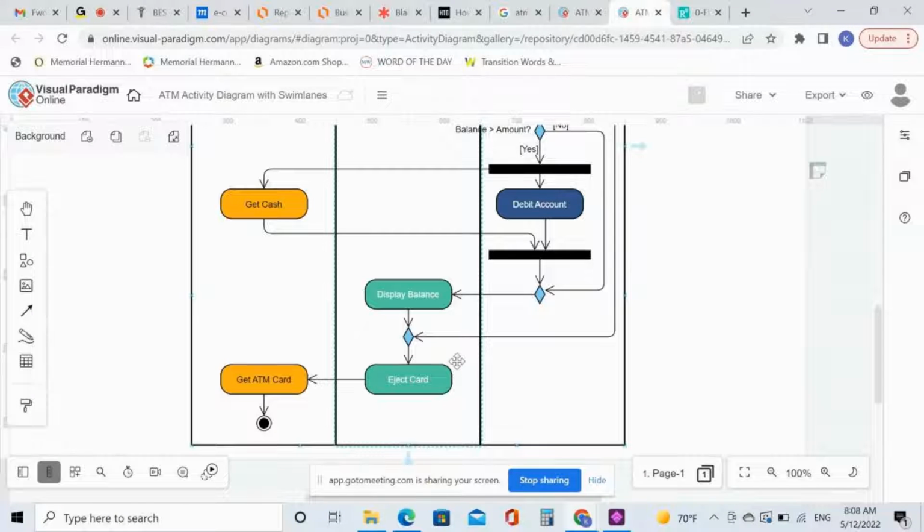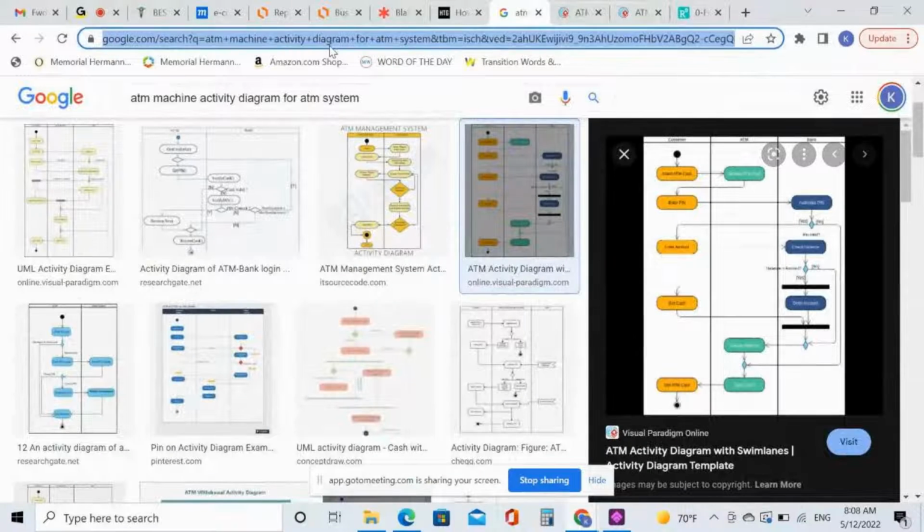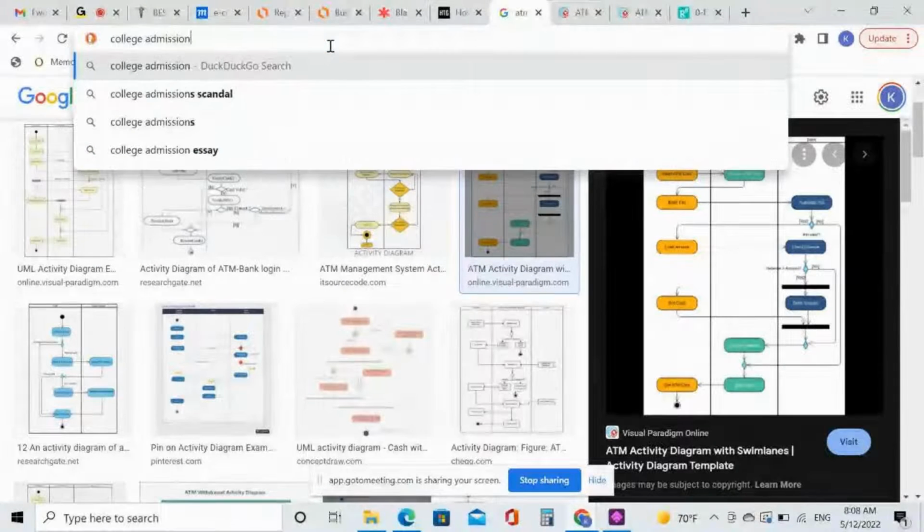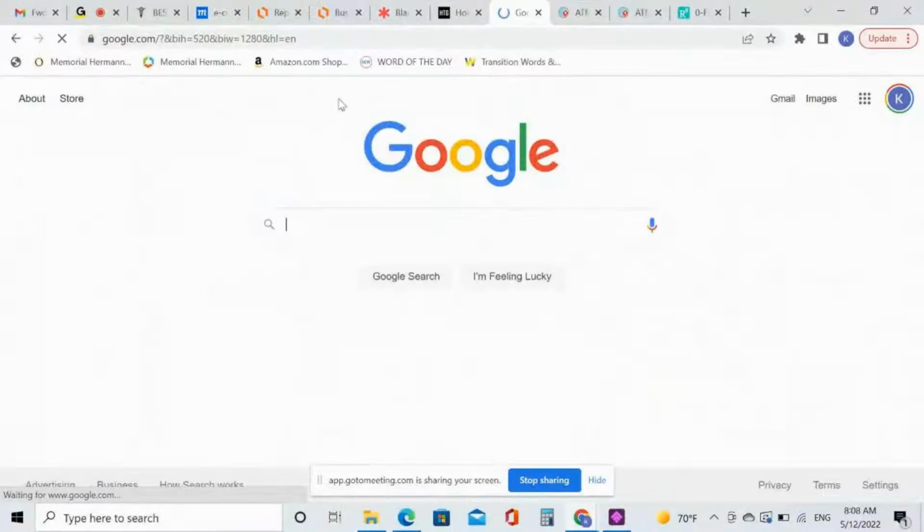Yes. Okay. Krisa, go to Google again and search for college admission. Oh, sorry, this is my browser, it is not Google.